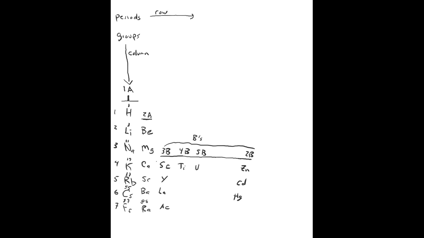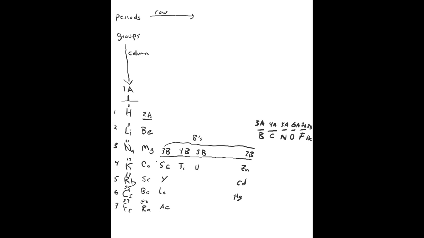The point I want to make is that when you come over here to boron, it goes back to the A's. So now it's 3A, carbon is 4A, nitrogen is 5A, oxygen is 6A, fluorine is 7A, and then neon is 8A.